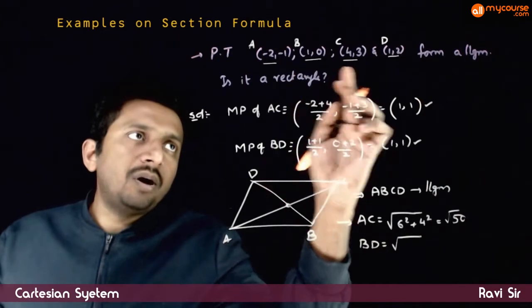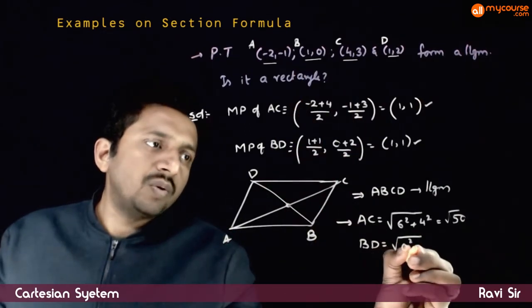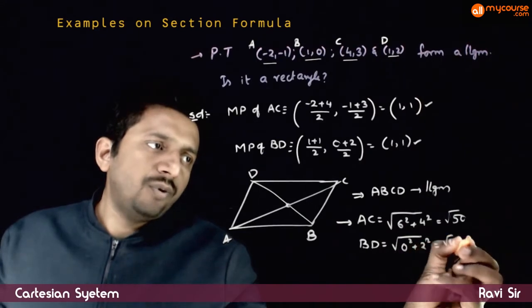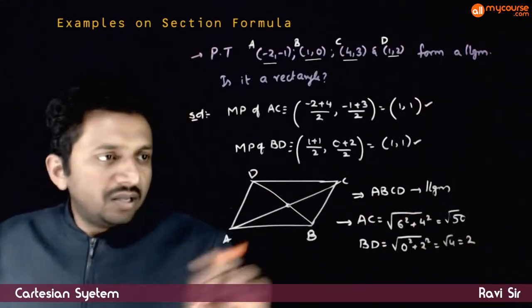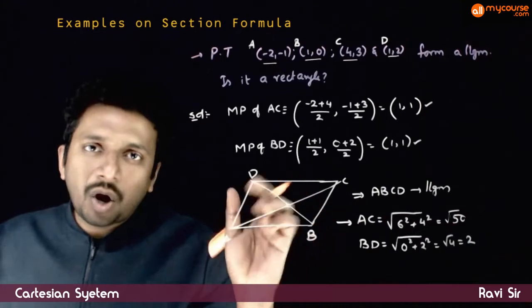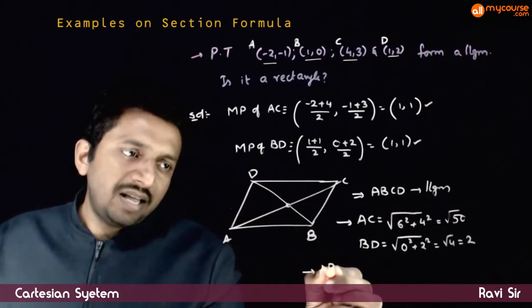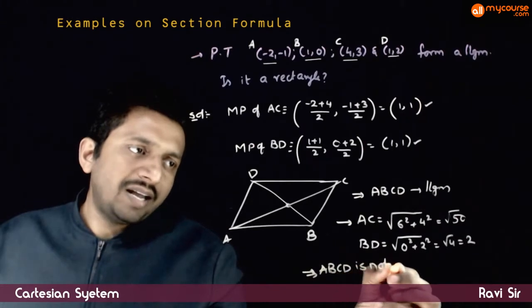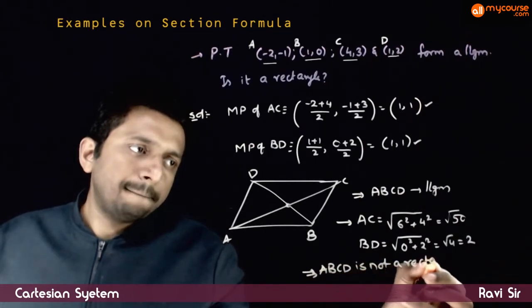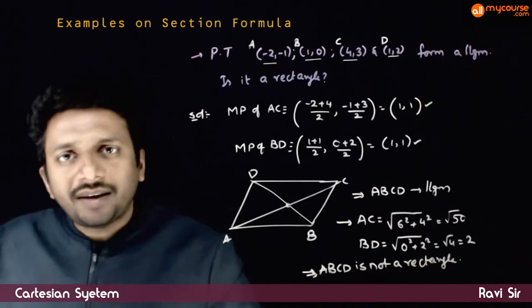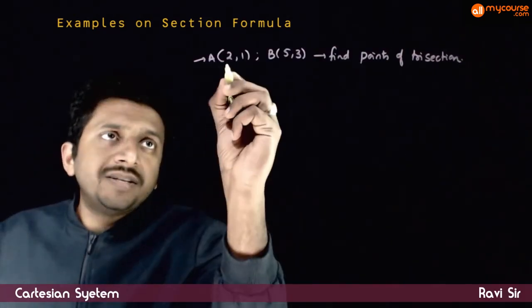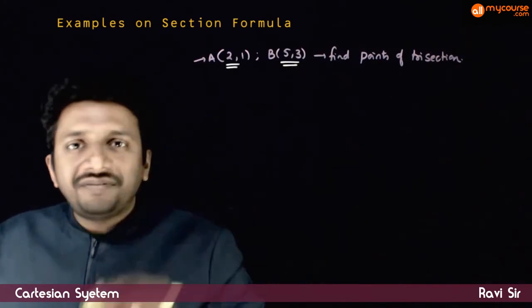BD is nothing but root of (1 minus 1) whole square plus (2 minus 0) whole square, that is equal to root 4, which is equal to 2. So AC and BD are not equal. This implies ABCD is not a rectangle.